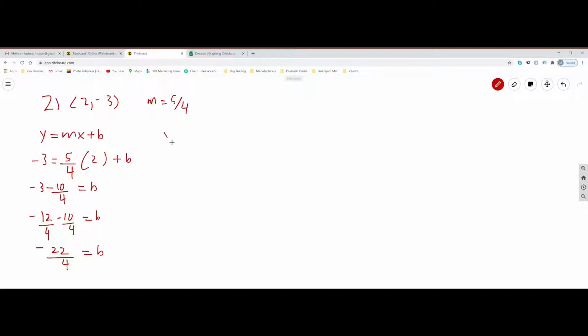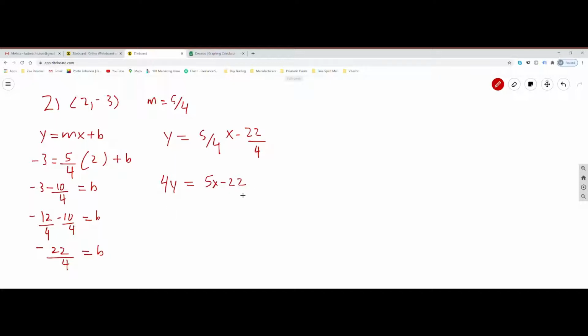The equation is y equals 5 over 4 x minus 22 over 4. So since both terms in the equation have a 4 in the denominator, we can multiply the whole equation by 4. So 4y equals 5x minus 22.